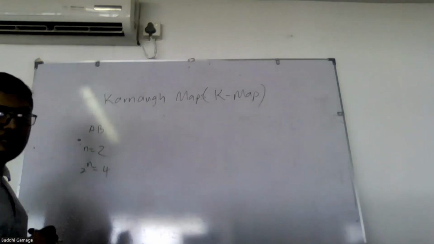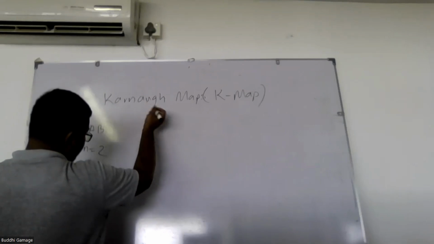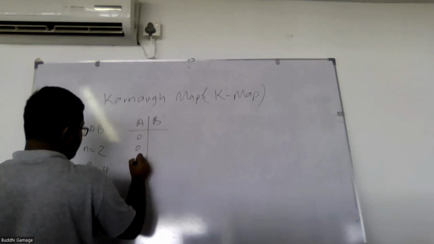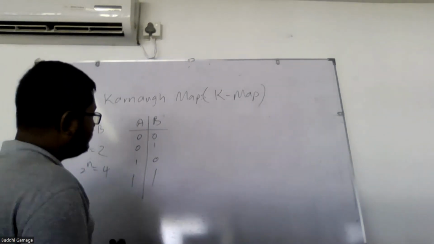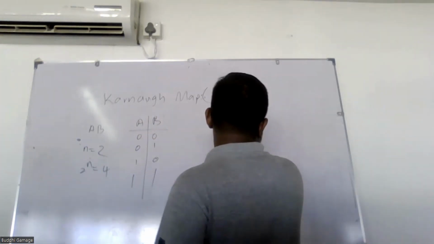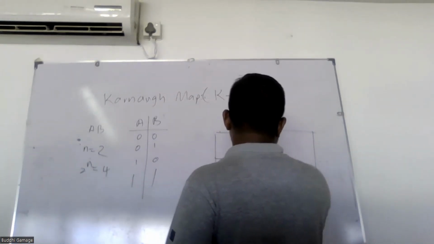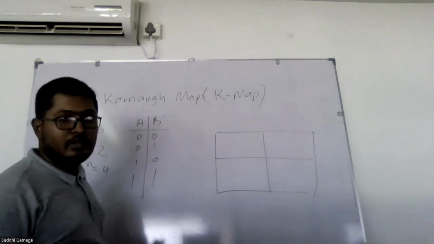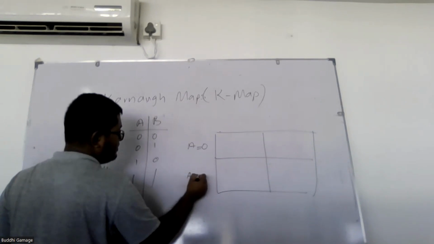So how can we draw the table? If you are drawing the truth table, we write A as 0, 0, 1, 1 and B as 0, 1, 0, 1. This is how you draw the truth table. But when you are doing a K-map, in this row A is equal to 0, and in this row A is equal to 1.